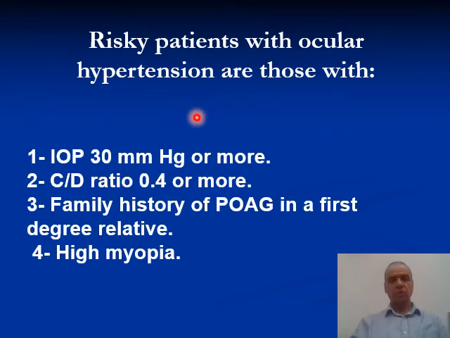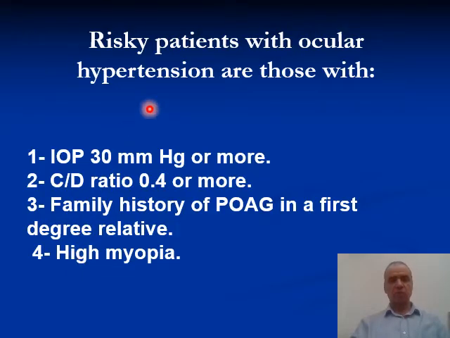As I mentioned before, there is no need to treat patients with ocular hypertension or glaucoma suspect. But if there is one of the following associations, we should start treatment, and we should not wait till there is optic nerve damage and visual field defect.